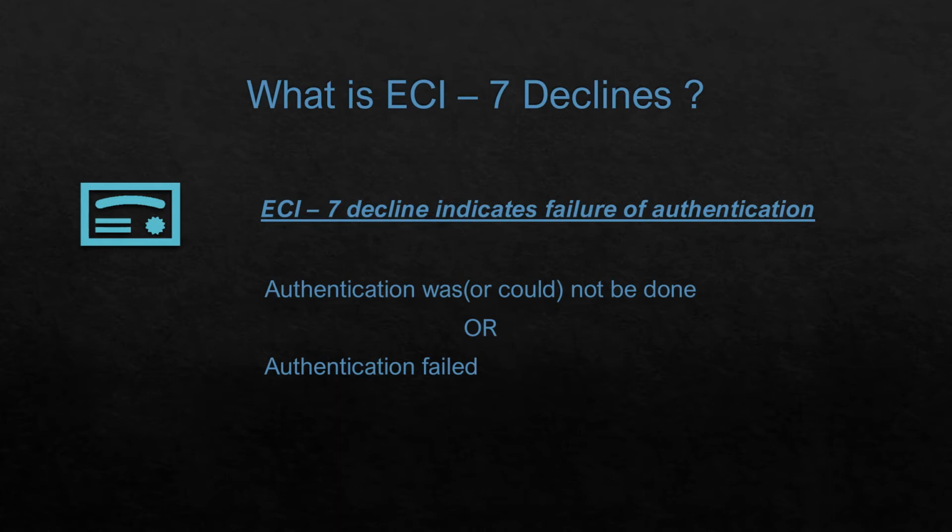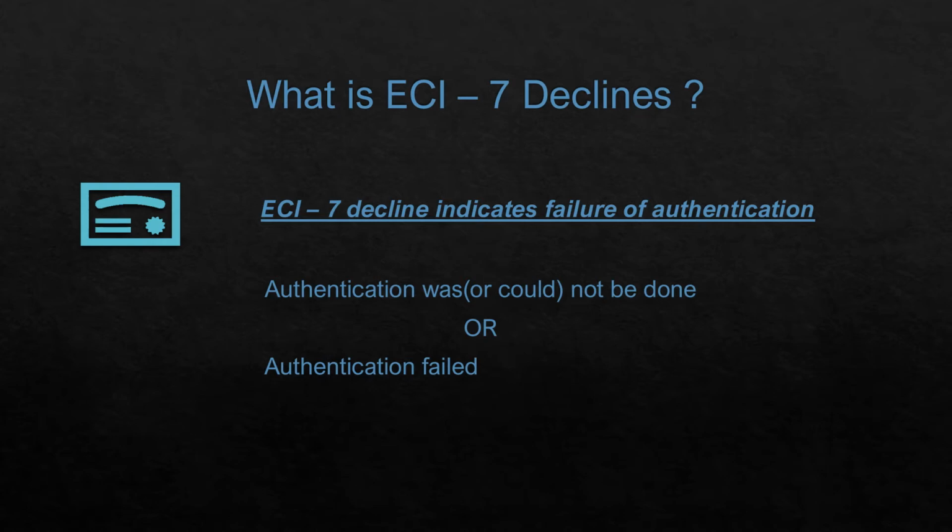Once a transaction takes place, it needs to get authenticated to proceed to the next step. At that step, if the authentication fails or did not happen, we get an ECI 7 decline. It's an indication for the merchant that this particular transaction was not authenticated.